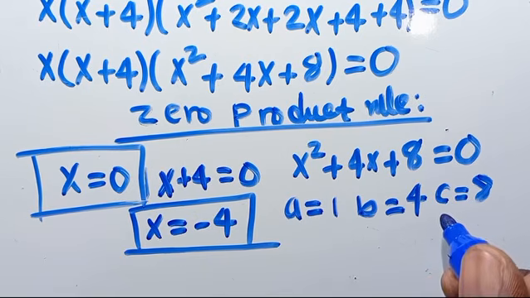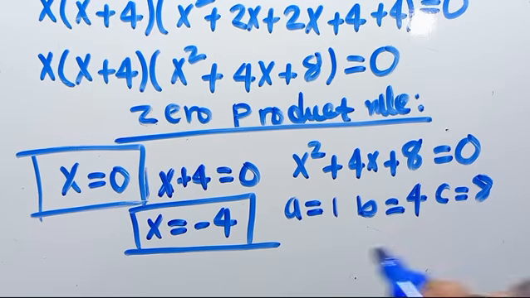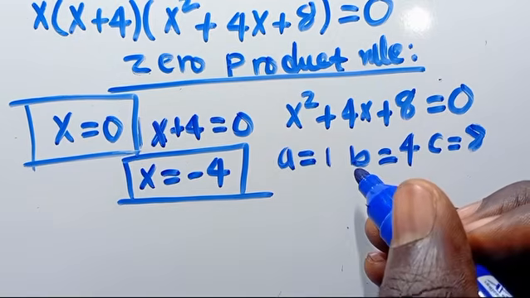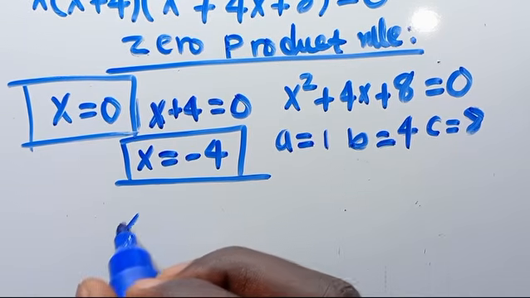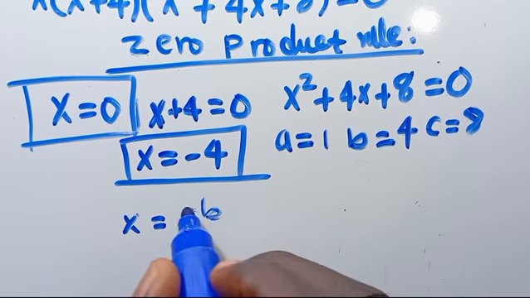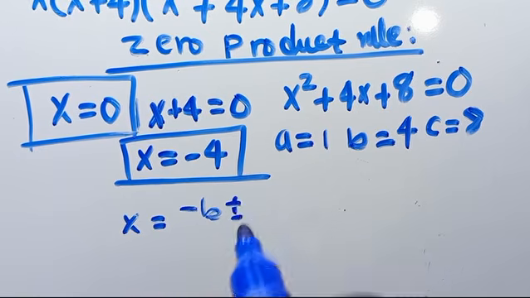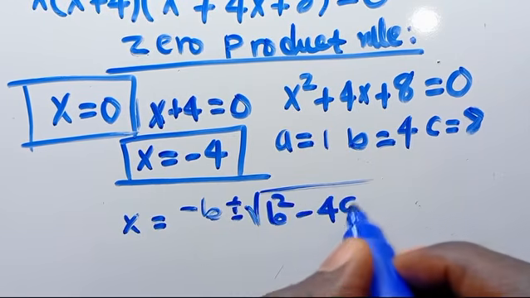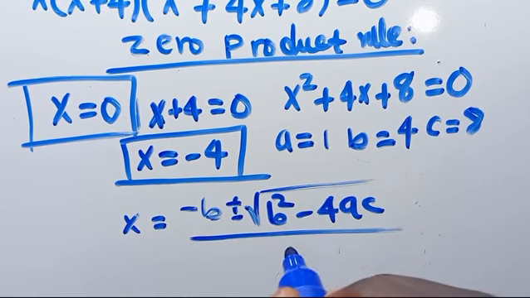Now, having known this, the next step is to introduce the general quadratic formula: x equals minus b, positive or negative, square root of b squared minus 4ac, over 2a.